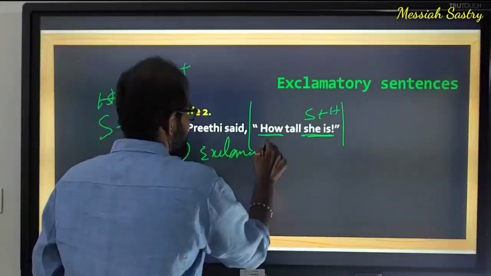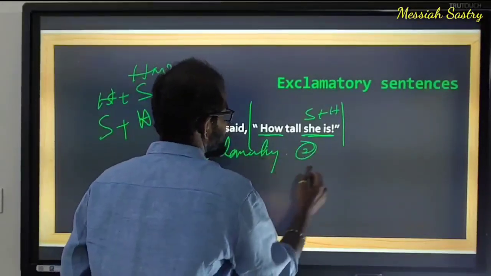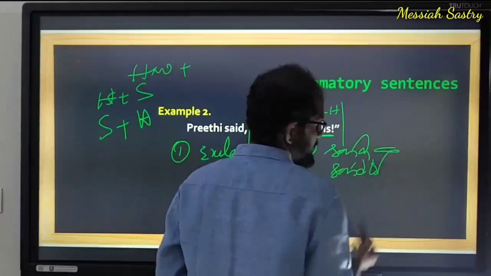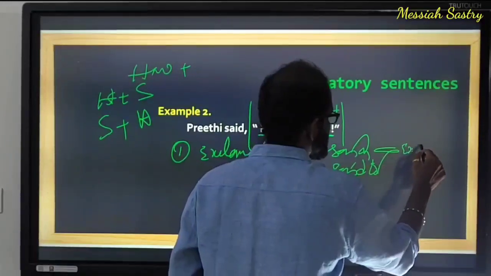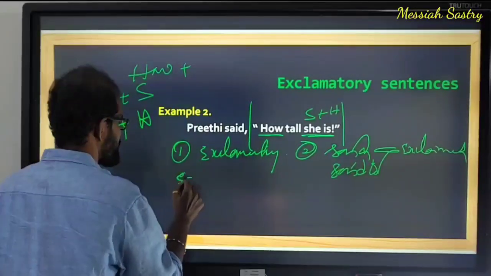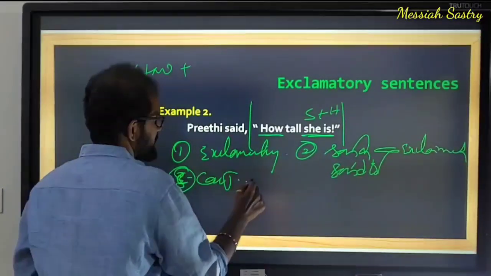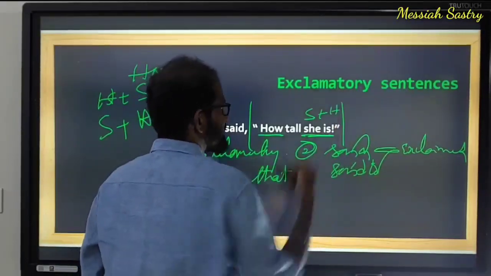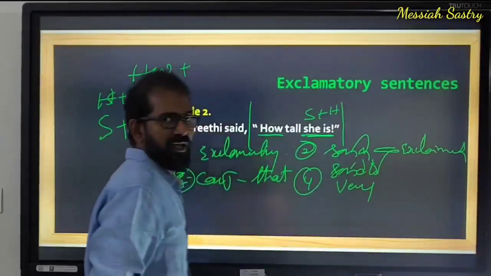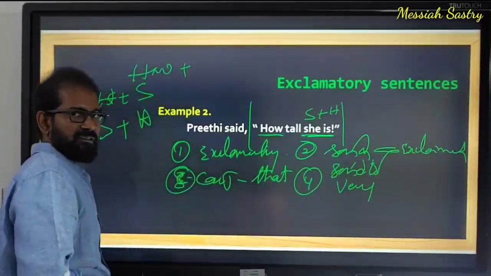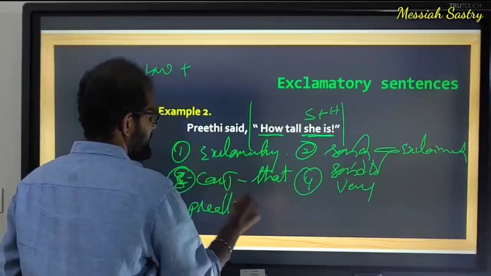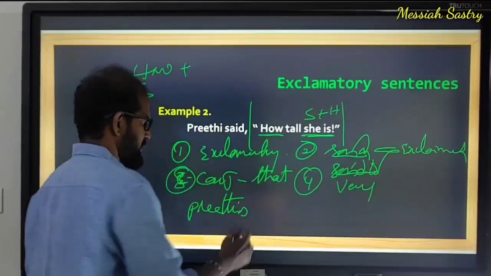So, exclamatory sentence. Second, said or said to changes to exclaimed. Third point, what is the conjunction? We are supposed to use that as the conjunction in an exclamatory sentence. Fourth point, use very before adjective or adverb. Now let's change the given sentence into indirect speech.